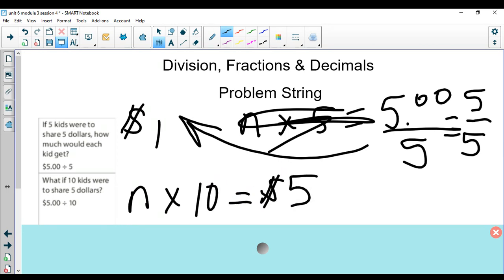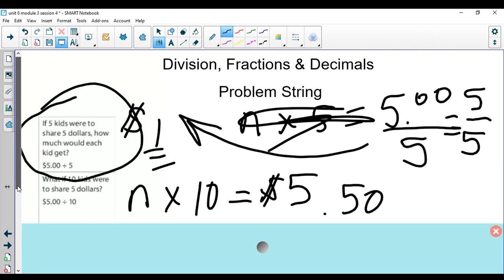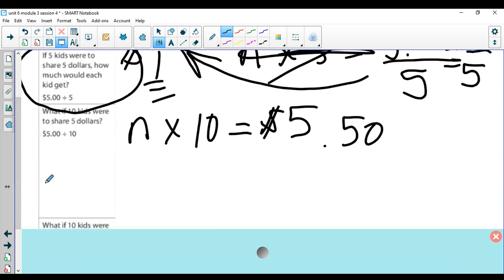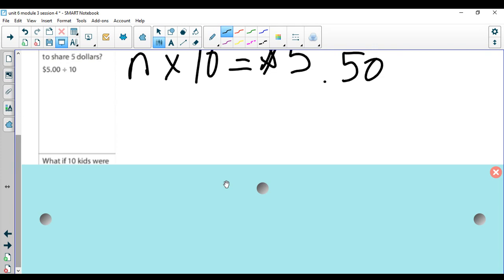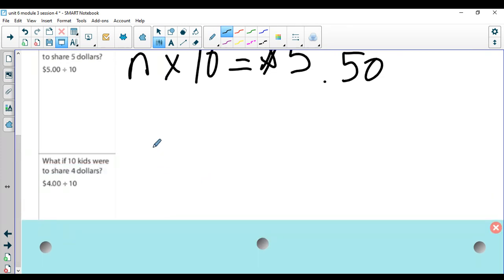Well, if we just thought through this one and the answer was $1, but now we're doubling how many people we're dividing by, then don't you just have the answer you got here? And wouldn't 50 cents make logical sense? The answer is 50 cents. Now you can get to that however you want using any division strategy that works for you. But it's always good to make sure it makes sense to you.